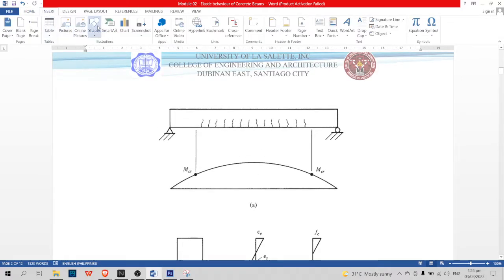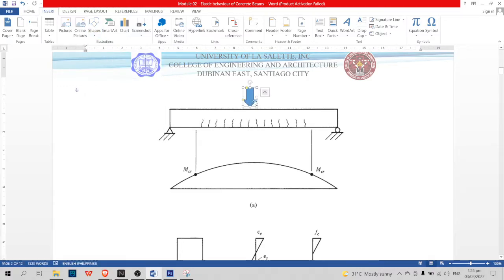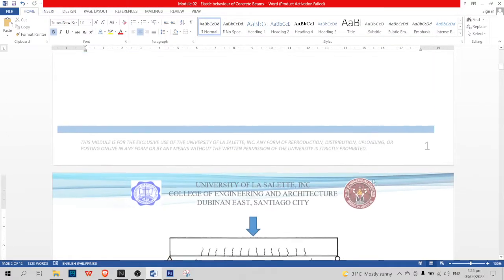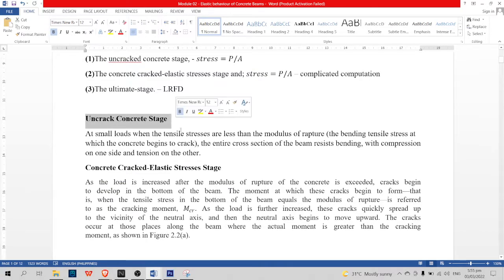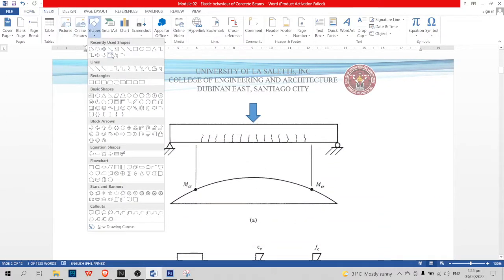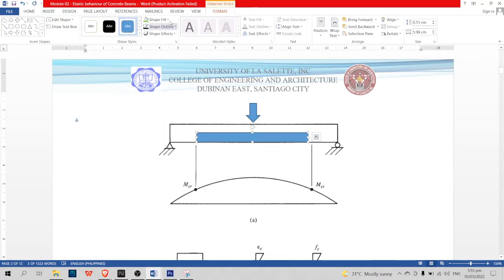Dito sa figure na to illustrates that if a beam is loaded, yung unang stage, hindi pa siya magka-crack. Itong crackings na nakikita natin dito should not appear.